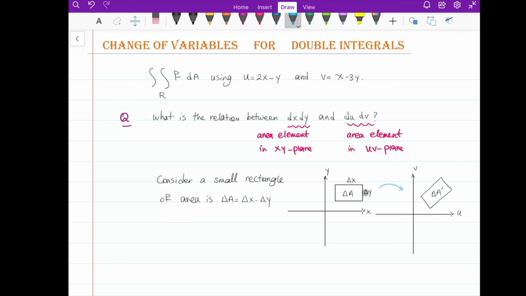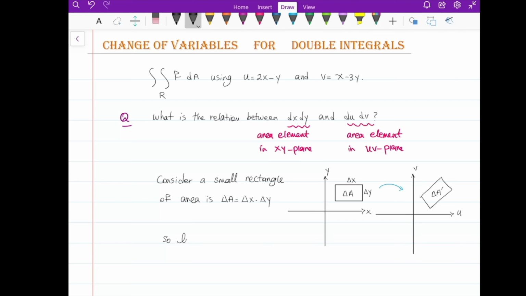Since we have a linear change of variables in here, it doesn't matter which rectangle you take to figure out the relation between delta A and delta A prime. So I'm going to just pick something very simple.